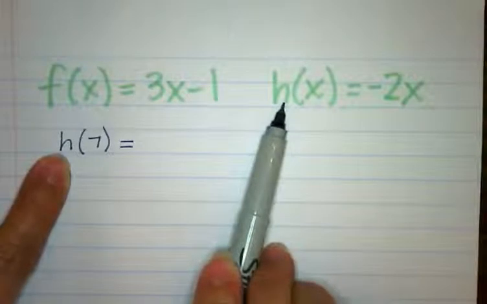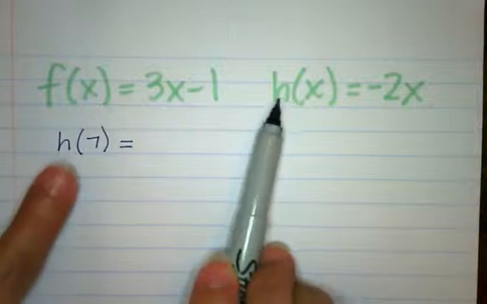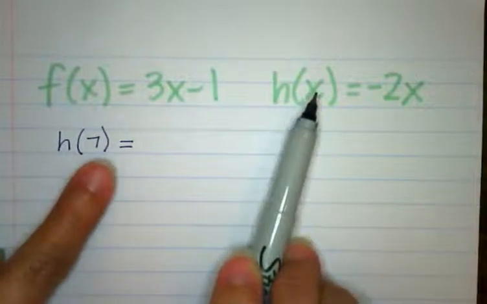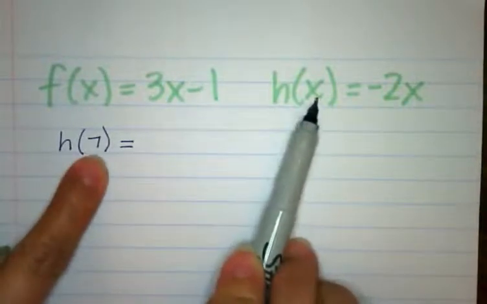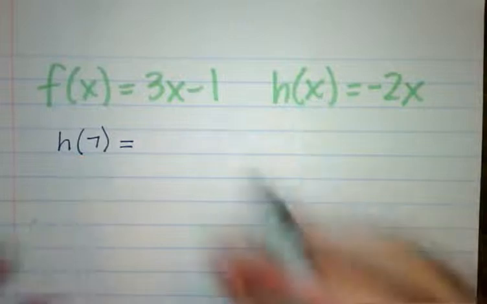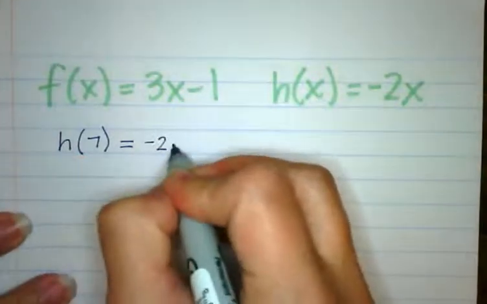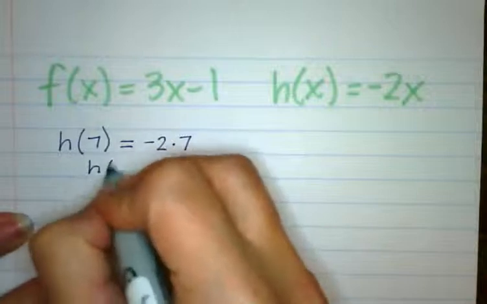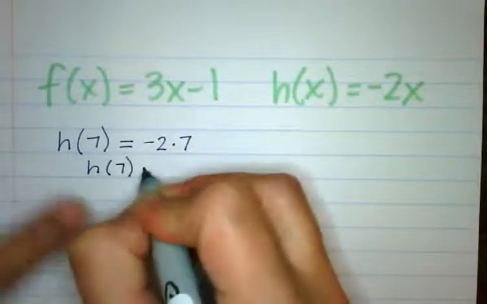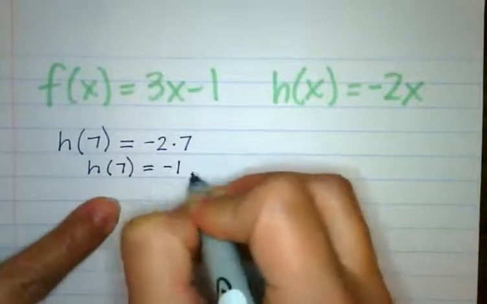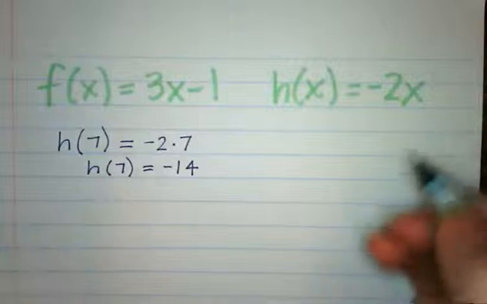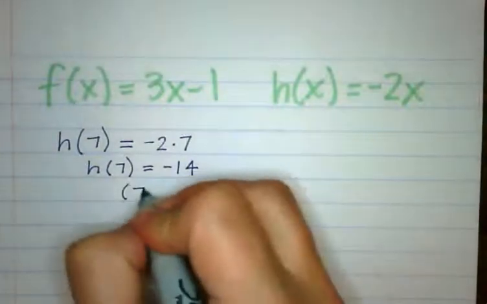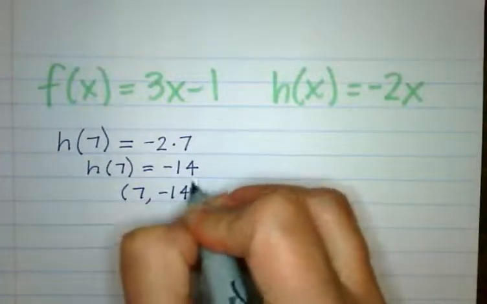It could just be a random variable that was chosen. But I know that this is the equation I need. I'm filling 7 in for the x. So then that means this needs to be negative 2 times 7. So now I know that when I use the h equation, filled in 7, the answer is negative 14.